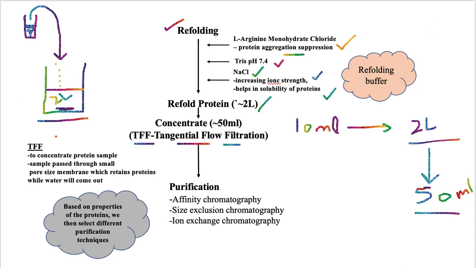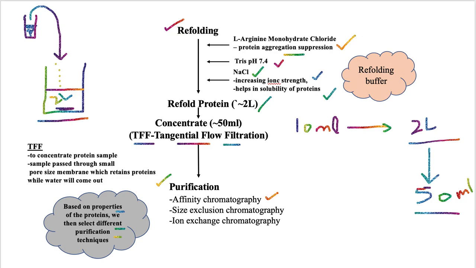Okay, so the next step is the purification. It is the last step. I mean, the aim of the procedure was to obtain a pure form of our protein of interest, so that we can use it for different purposes. However, based on the properties of the protein, we select different purification techniques. For instance, we can purify our protein by using affinity chromatography.